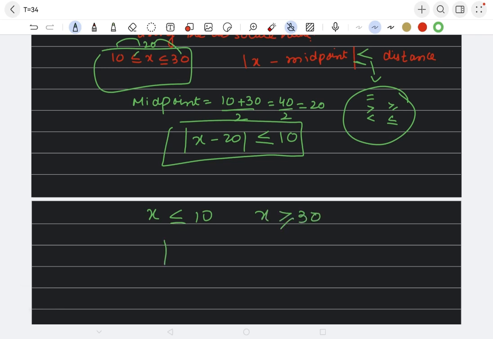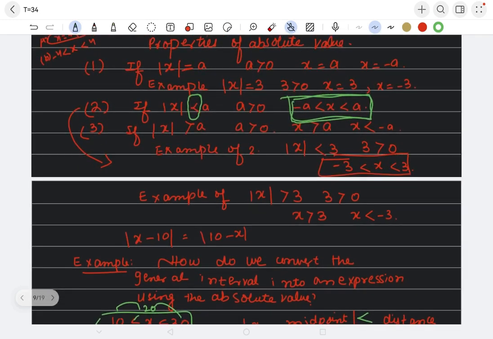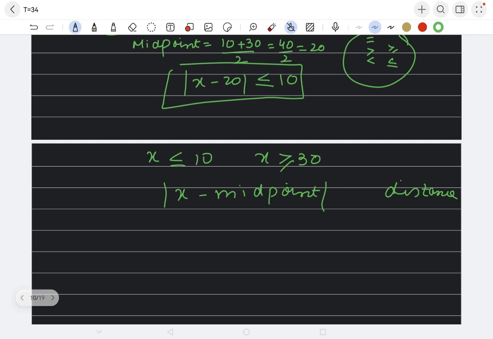Now the formula will remain the same: x minus midpoint. Now which sign am I going to put in the middle? Now check your property. If the answer comes like this, which sign do we follow? Greater than. We have to put the greater than sign, but we are going to put greater than equal to.